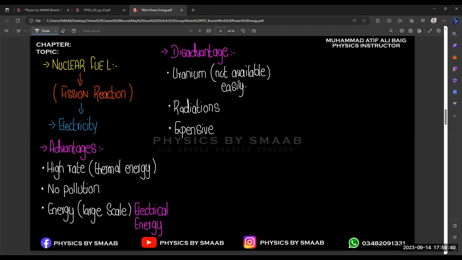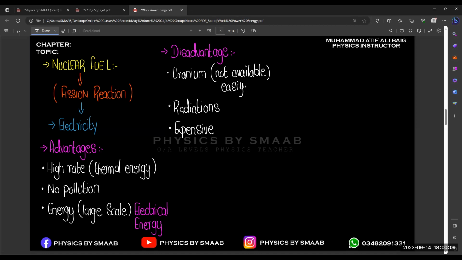And we also need to follow safety precautions, because you also know about the nuclear blast that took place in a plant. I don't remember the name of that place, but it happened in the 1980s or sometime, when the power plant exploded because safety precautions were not taken properly.